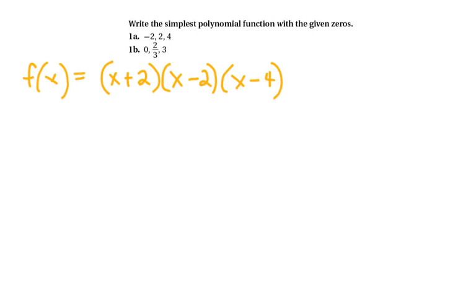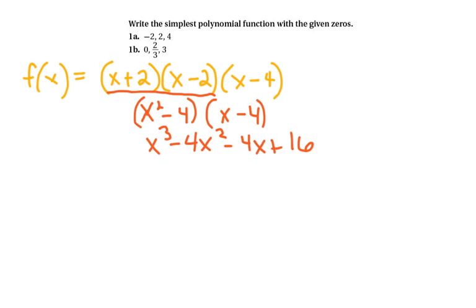And then I am going to multiply together. This ends up being a difference of 2 squares, x squared minus 4 times x minus 4. And when I multiply that out, I get x cubed minus 4x squared minus 4x plus 16.